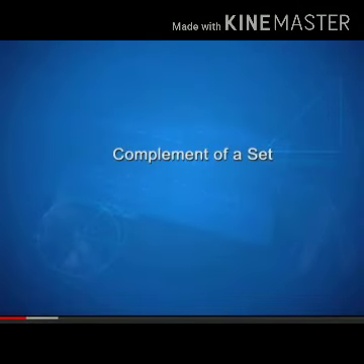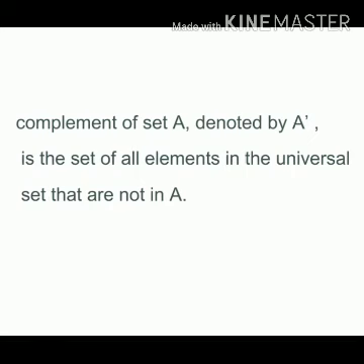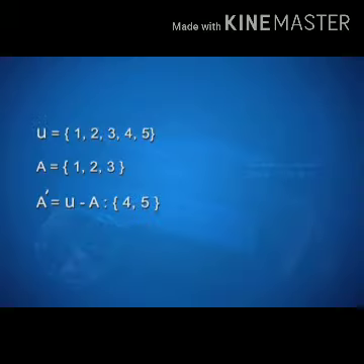Before starting question number 3, we learn what is the complement of a set. The complement of a set, denoted by A dash, is the set of all elements in the universal set that are not in set A. In this example, we have to find A complement. So how to find it? Let's learn, children. Here the universal set is given and set A is given.